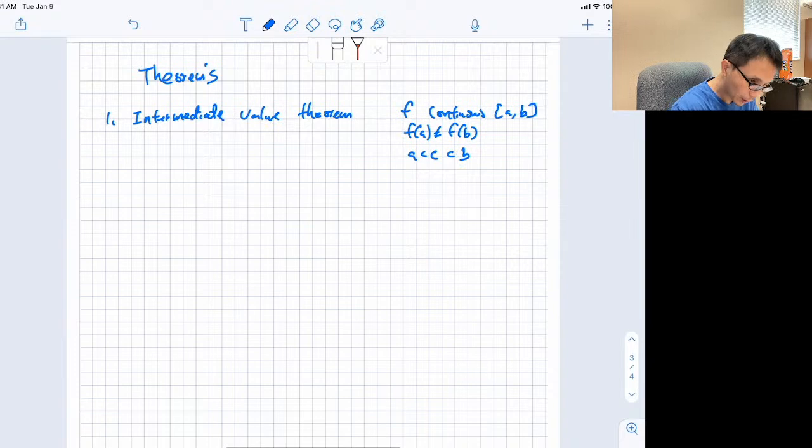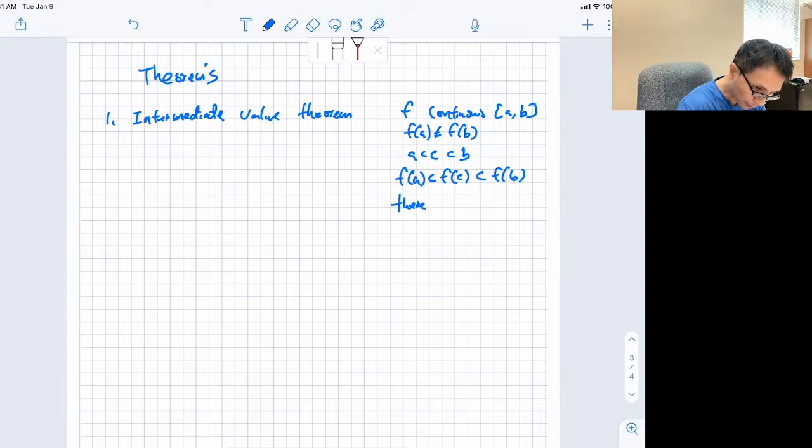So f of a is less than f of c and less than f of b, and basically there must be a c such that f of c is equal to k. I'm sorry, this one is k.